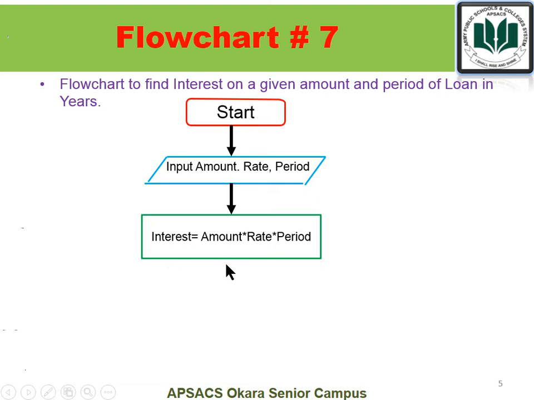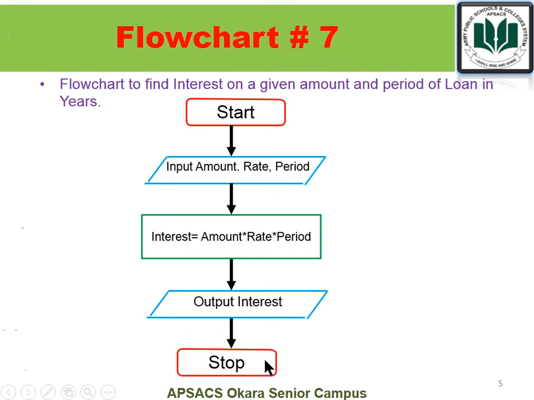For processing we have used a rectangle, and for input we have used a parallelogram. So processing: interest is equal to amount into rate into period. Then output interest, and for output as well we have used a parallelogram. Then in the end, stop. For the stop stage we have used a rounded rectangle.